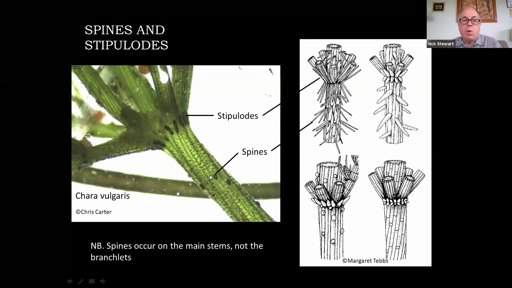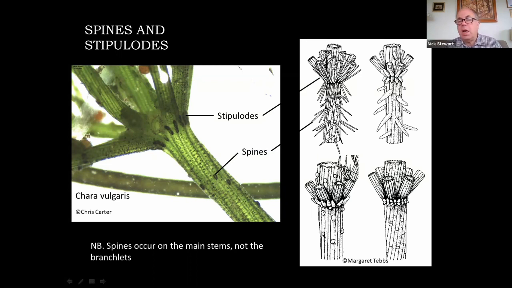These ones are very small, but they are developed, but there are some where you just get little bumps for spine cells, and some where there's hardly anything at all in terms of spine cell.